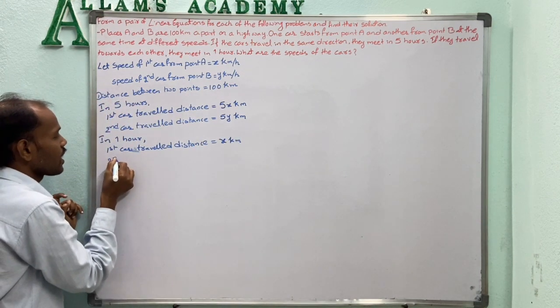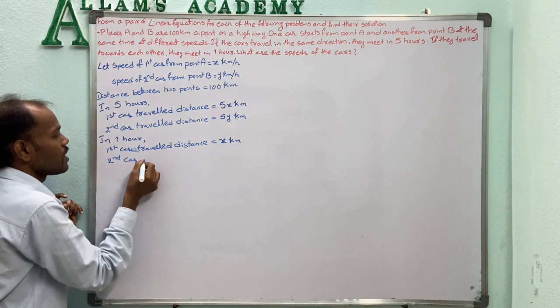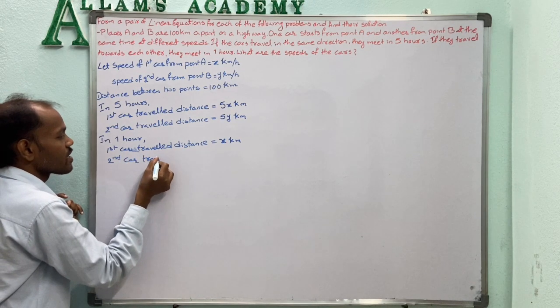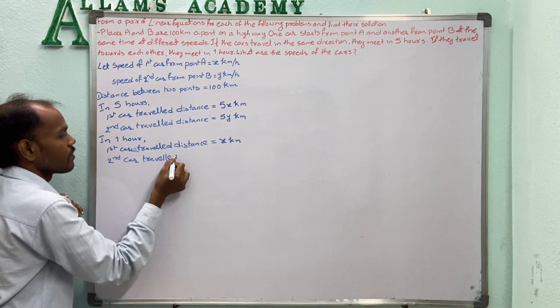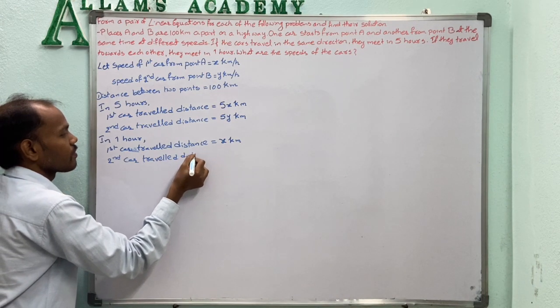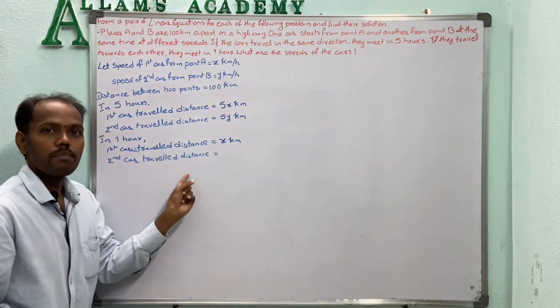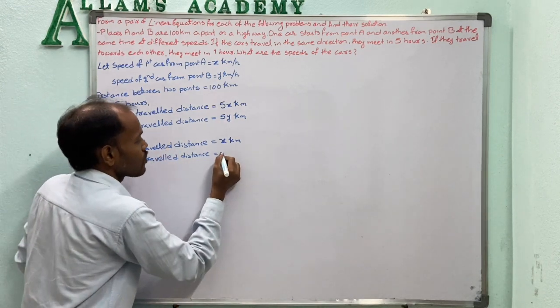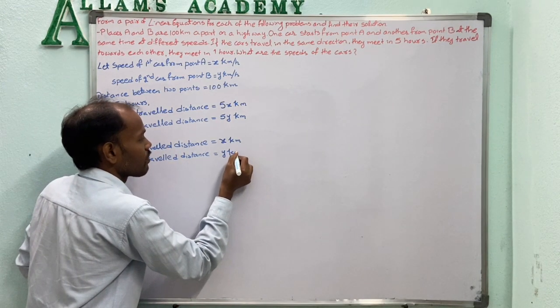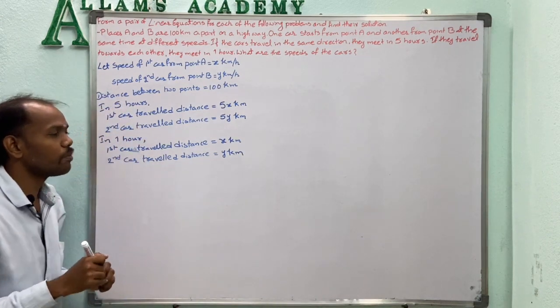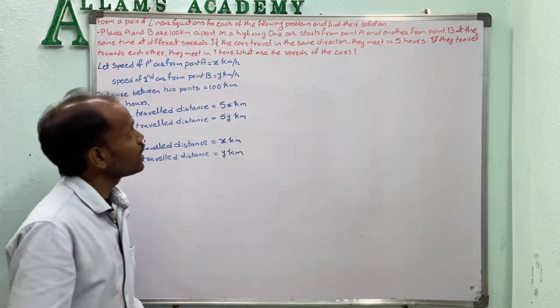And the distance travelled by the second car is speed into time, so y into 1, that equals y kilometers.